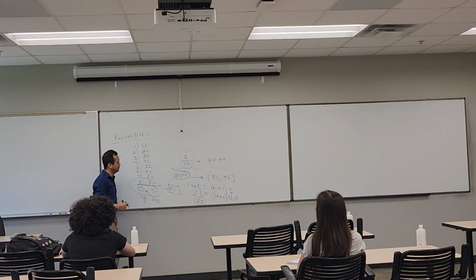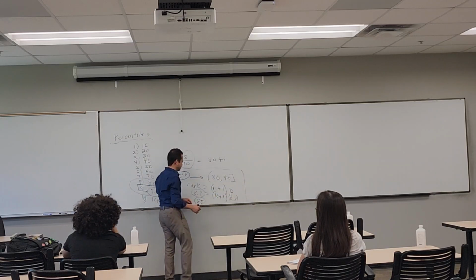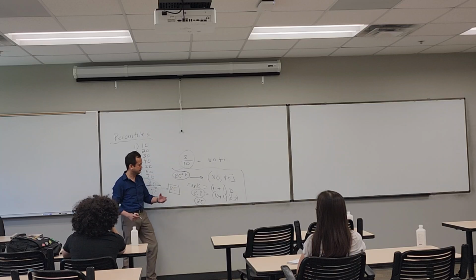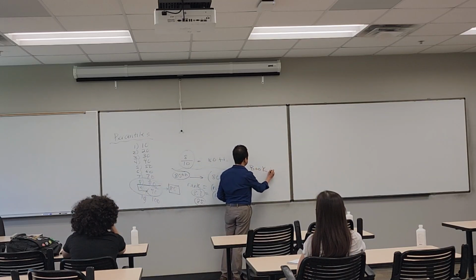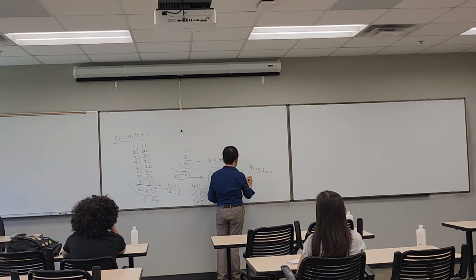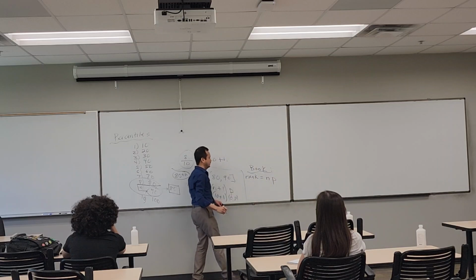Okay, so one thing I want to emphasize is if you look in your book, you'll notice that for the same concept, they use a formula that looks different. So the formula the book uses is this formula.